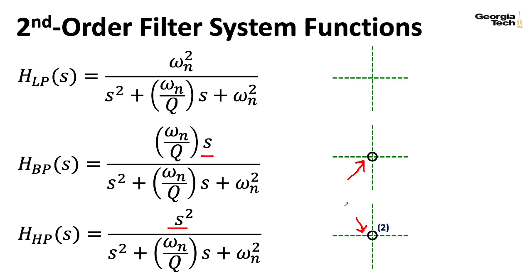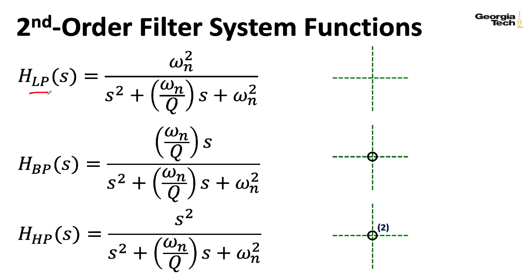I'm not drawing in the poles yet because the whole rest of the lecture will basically hinge on figuring out where the poles are for different values of Q. Remember that zeros are the locations on the complex plane where the transfer function evaluates to 0, and we're putting the real part of s along the horizontal axis and the imaginary part of s along the vertical axis.